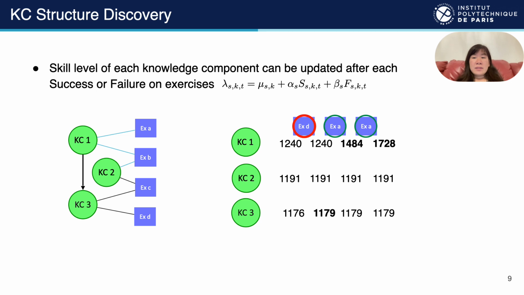And after succeeding on exercise A again, then we increase again the lambda of KC1, etc. And this is how we update our estimation of skill level of the student according to his curriculum.